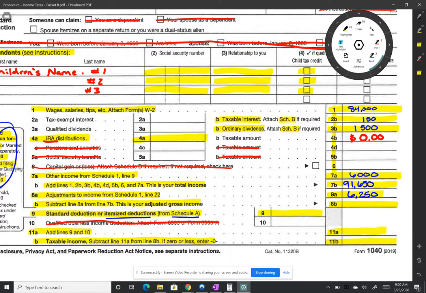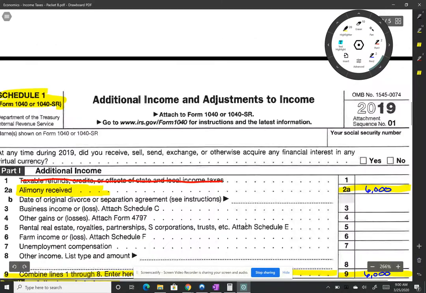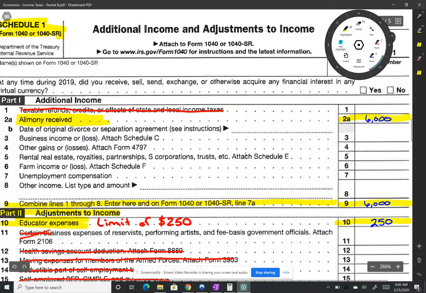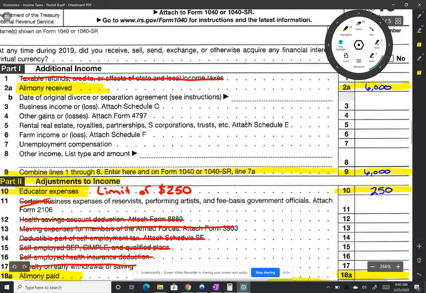Then let's see, adjustments. I put in some information on Schedule 1. This person received alimony, $6,000, so that was the additional income over here.